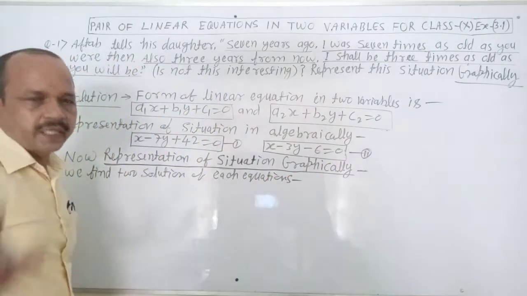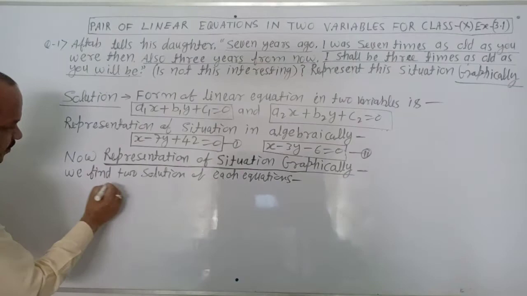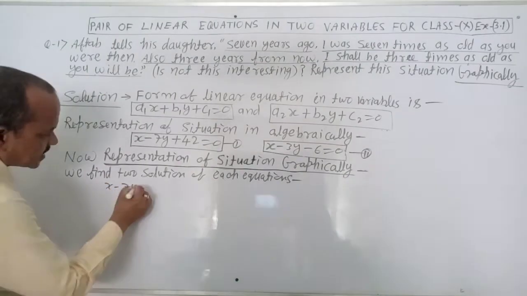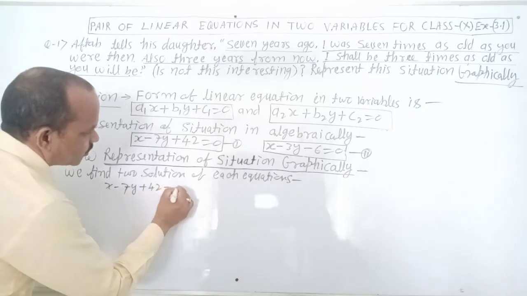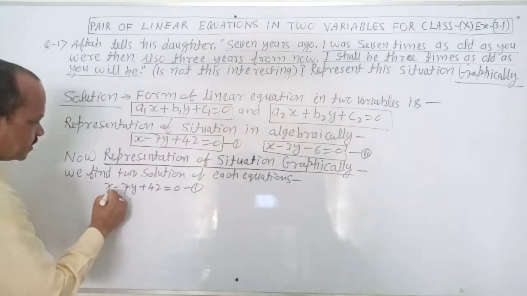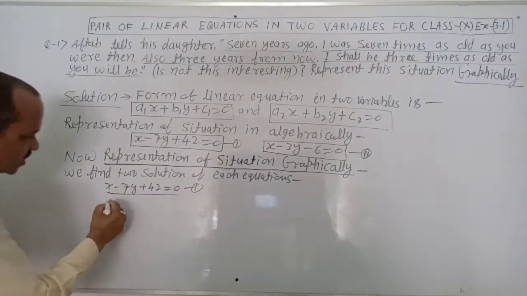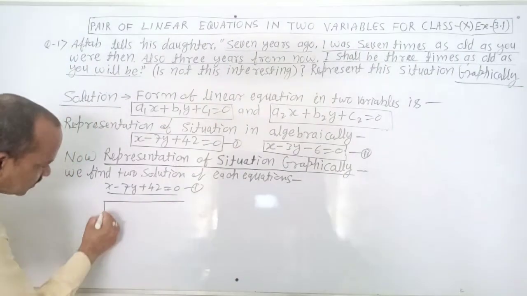Clear? The first equation is x minus 7y plus 42 equal to 0. You find two solutions of the first equation.